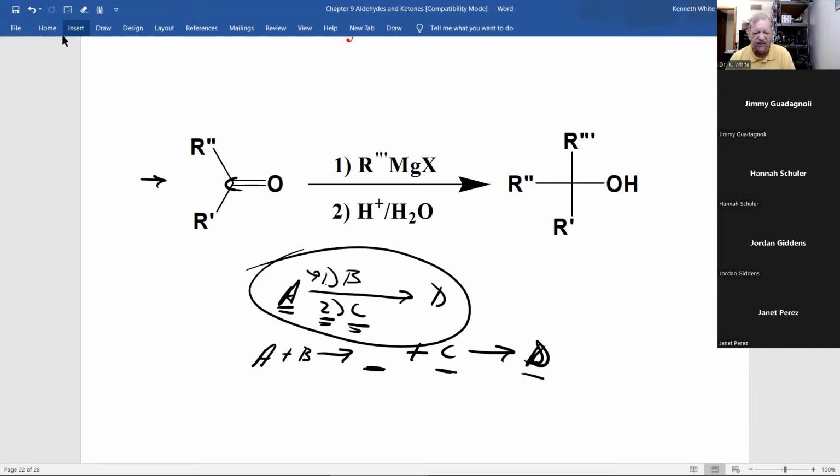Well, in this case, first step, we react the ketone or aldehyde with the Grignard reagent. Second step, we add acid and water to get an alcohol. And let me go now to my whiteboard because it will seem easier.